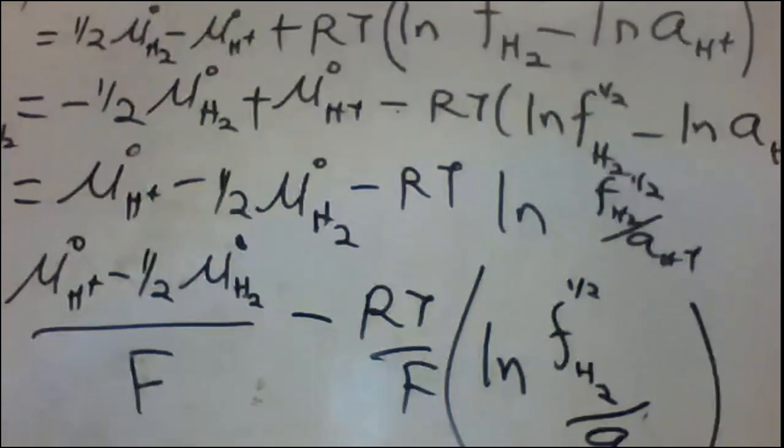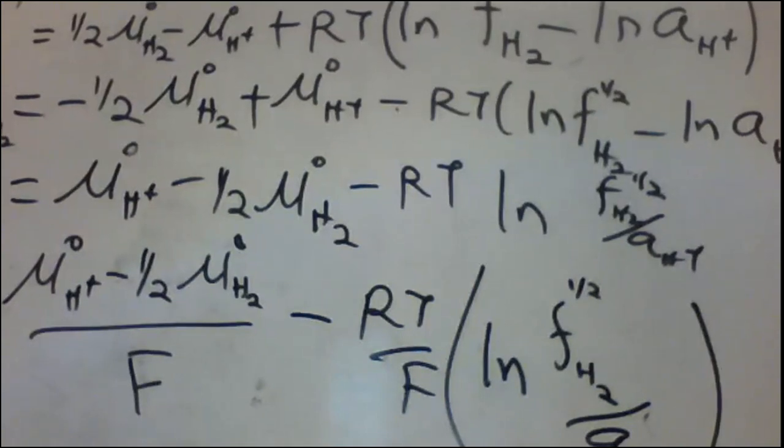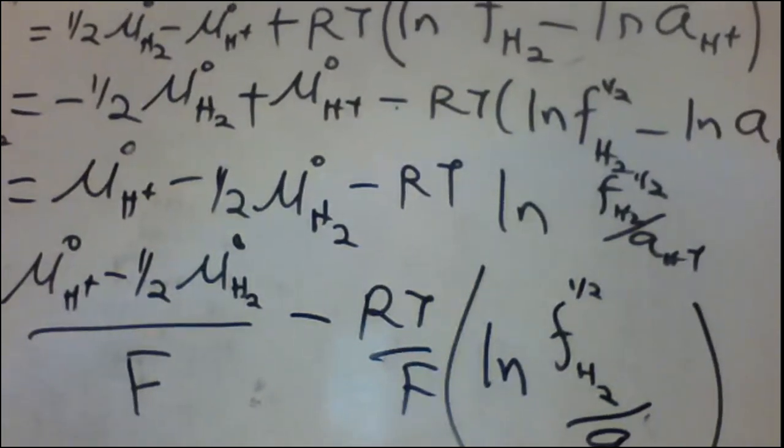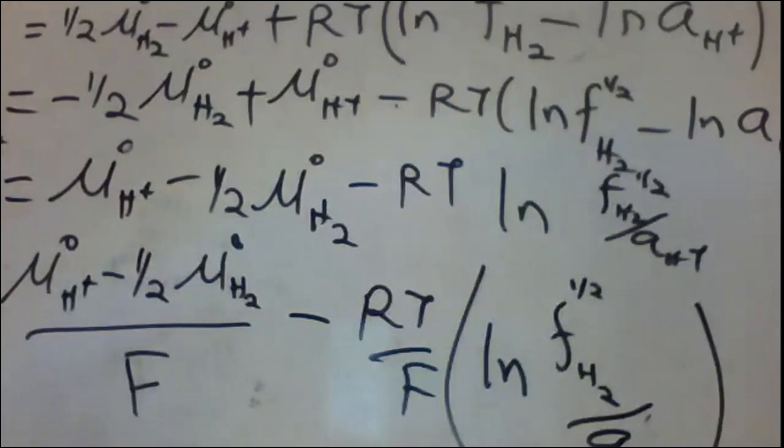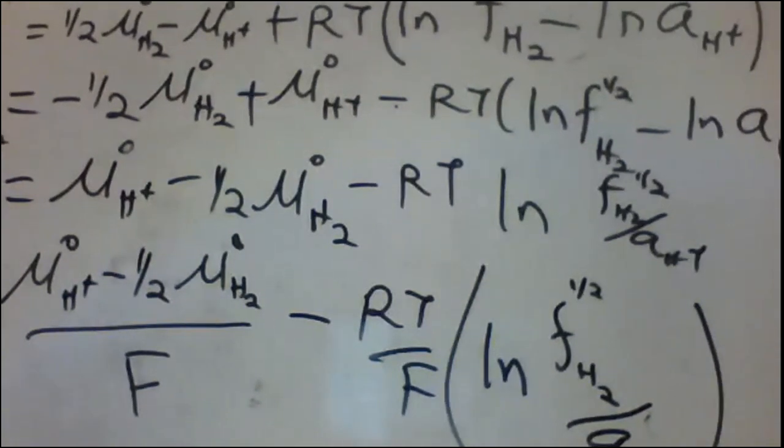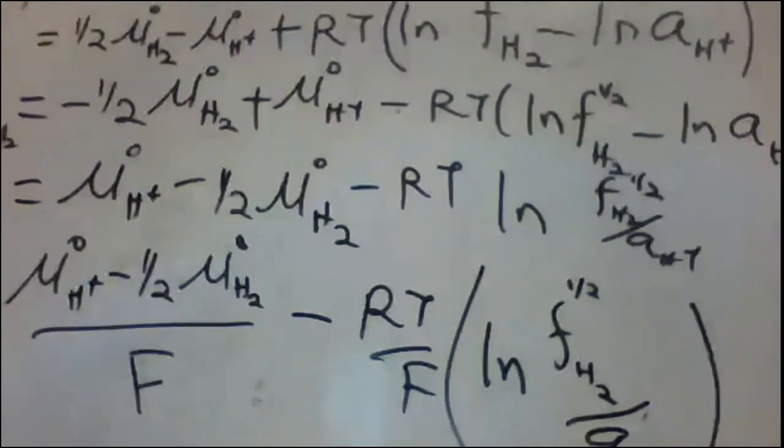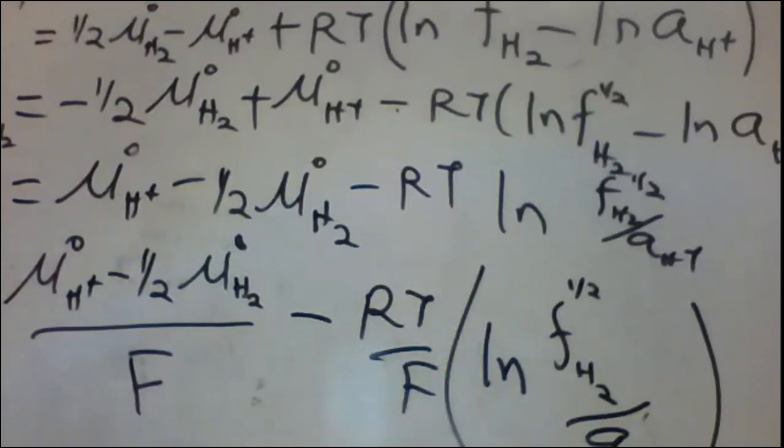Now because we are talking about standard states, you know, this is an hydrogen electrode. This is the potential for hydrogen electrode. So at standard states, fugacity of the hydrogen gas, what you have here, would be 1.